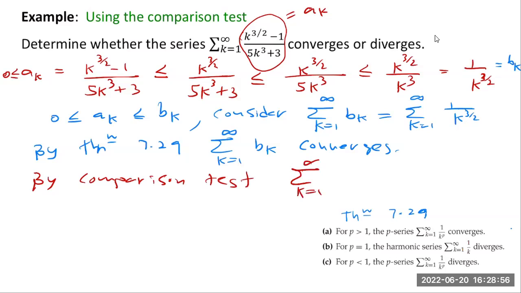The sum k goes from 1 to infinity of AK, that is nothing but the sum k goes from 1 to infinity of k to the power 3 over 2 minus 1 divided by 5k cube plus 3, also converges.